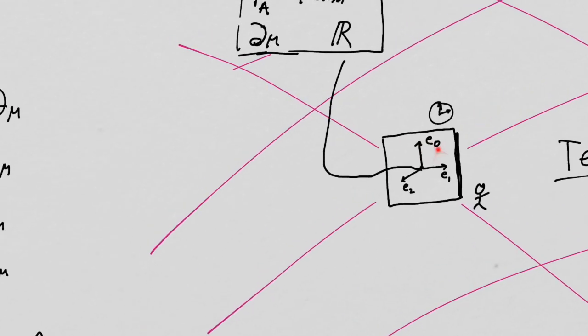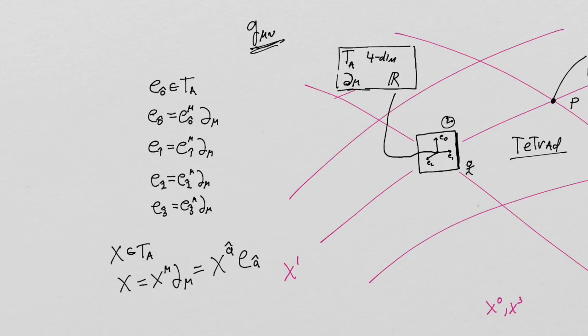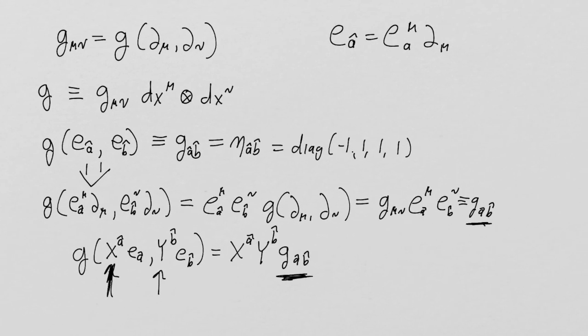Instead of calling it x or y or z, we're calling it e sub 0, e sub 1, and as part of the name it's not involved in the sum. However, the reason we give it a number is so we can exploit summation over tetrad indices. So tetrad indices can be summed over and spacetime indices can be summed over. This is the connection that allows us to understand the metric in terms of the tetrad indices.